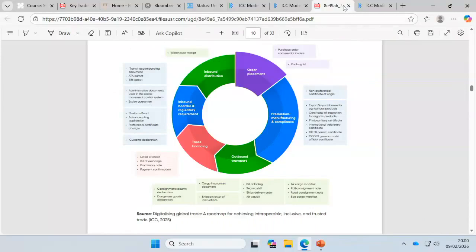If we think about this diagram, and of course, if we look at both of these ICC Digital Trade Initiative documents that I've given you, both of them are about trying to digitize international trade. Both of them highlight that significant amounts of international trade documentation are still not digital, particularly around things like bills of lading.